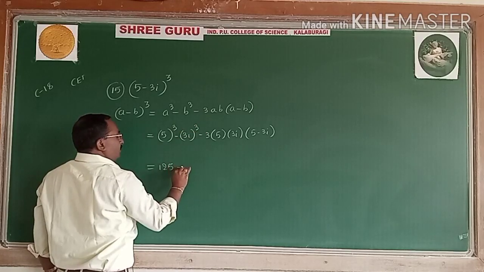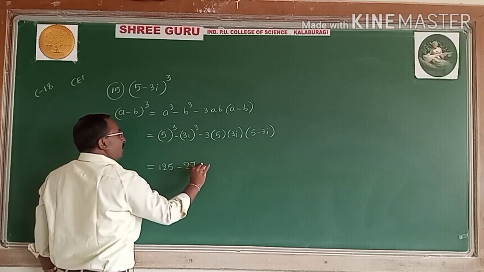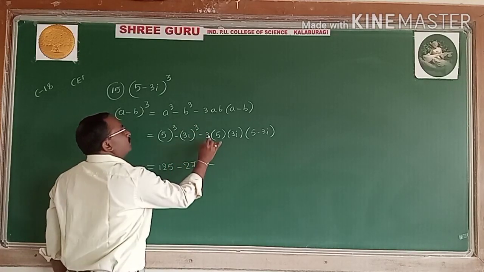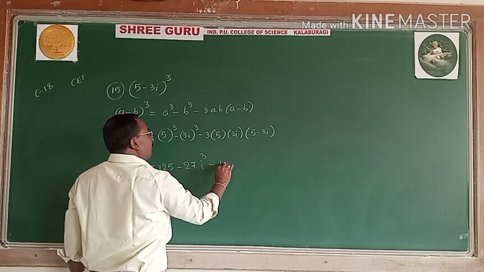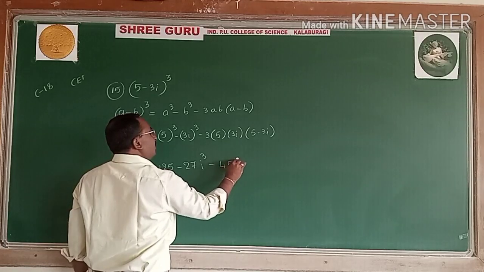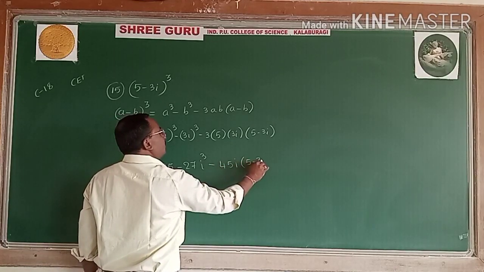3 power 3 is 27, i cube. 3 fives are 15, 15 into 3 is 45, 45 times i, into (5 minus 3i).